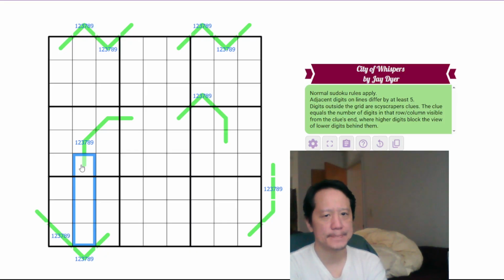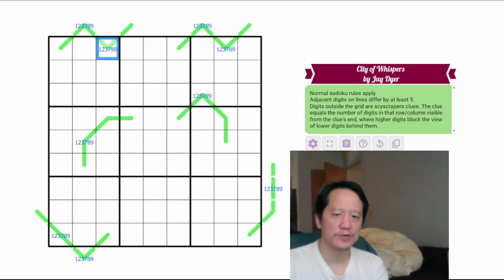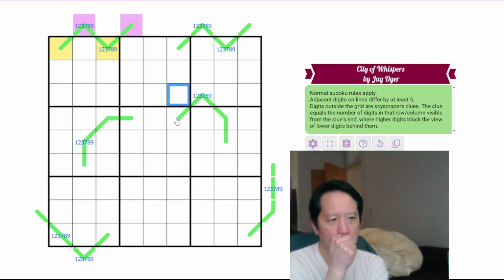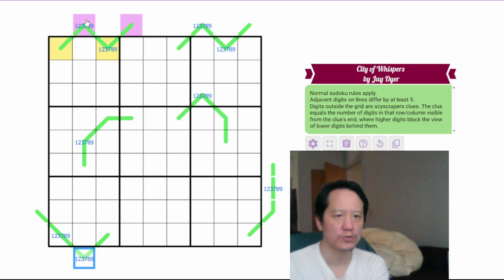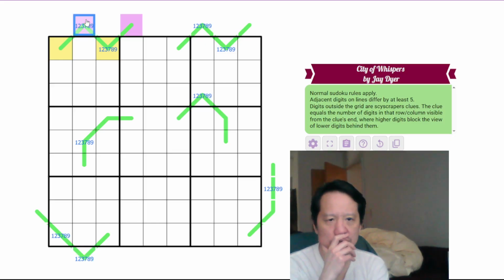We know though that these two are the same. So let's mark yellow, yellow. This is pink, pink. This is, well, this is either the opposite or they're two lows.